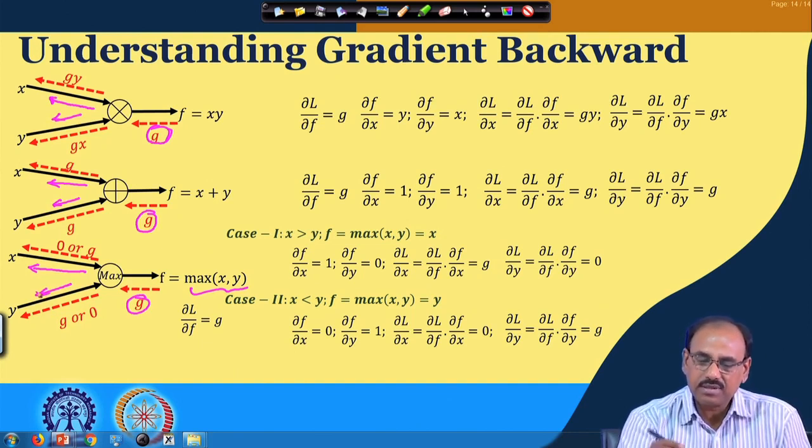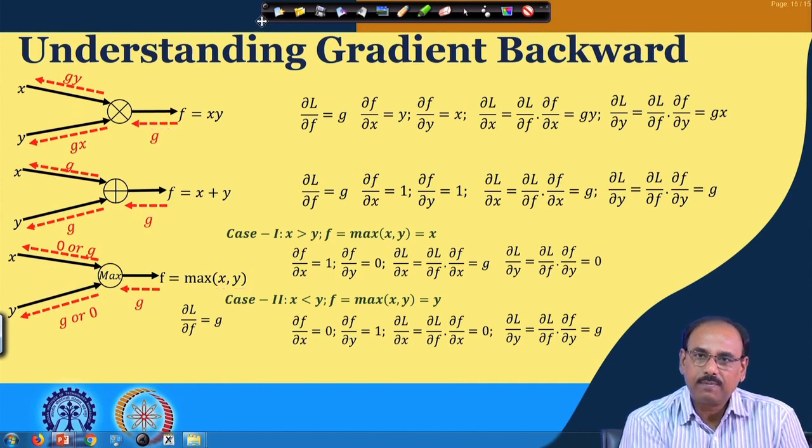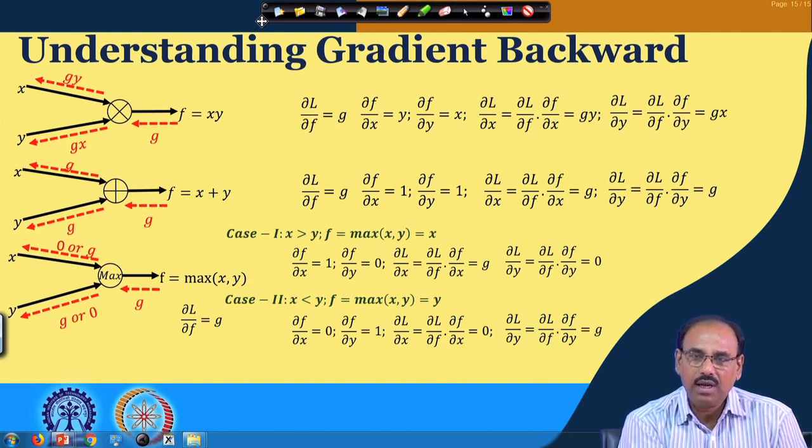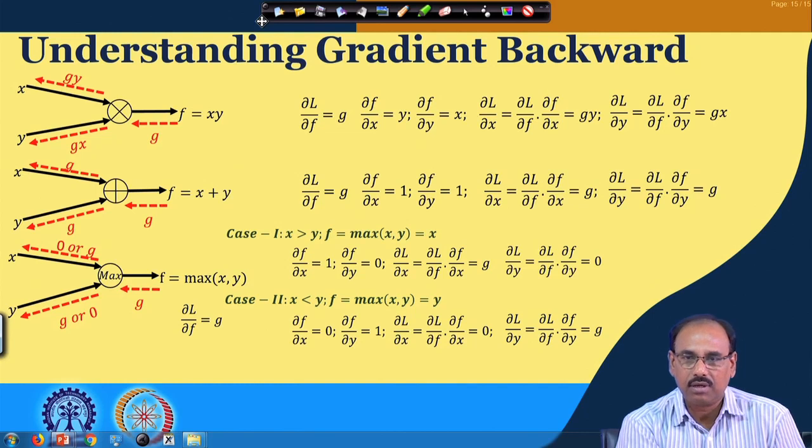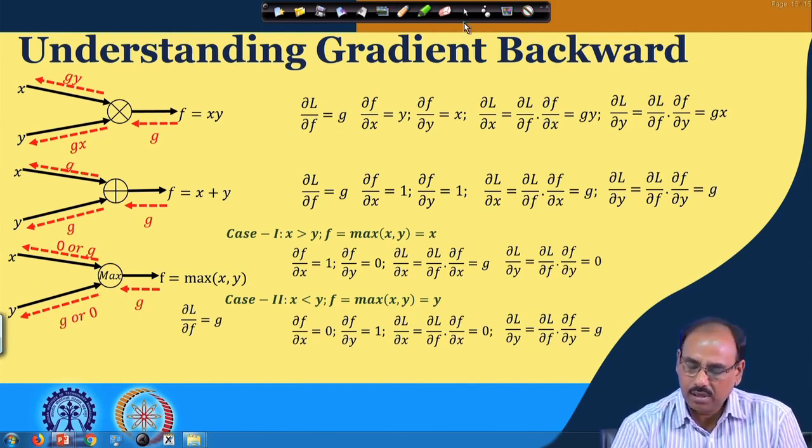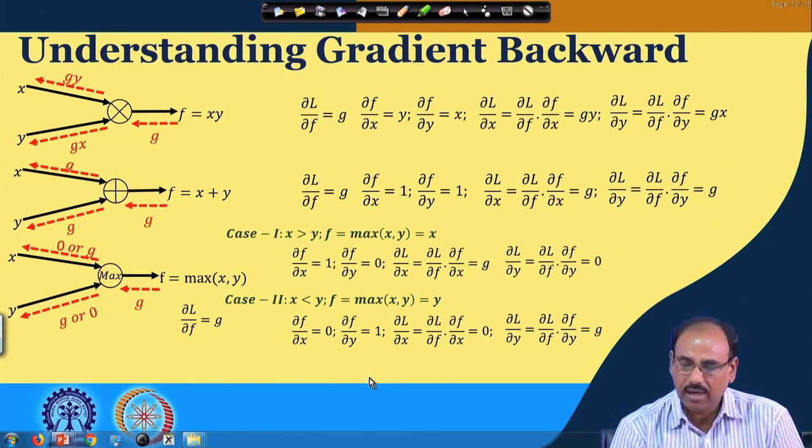And using this, we can represent complicated node functions using simpler partial differentiation or gradient operations, and that helps us to write the functions in a much simpler way, and ultimately helps us to code the complicated functions.